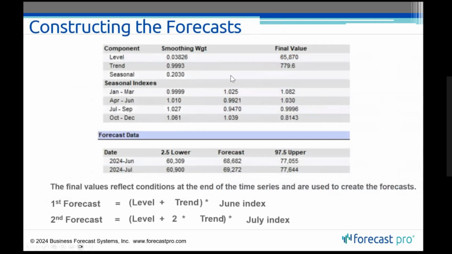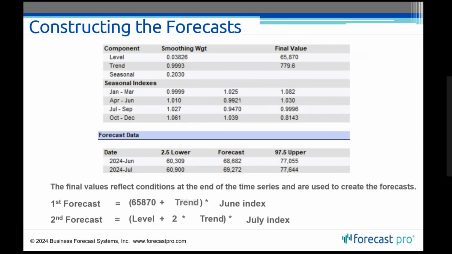Okay, moving on to the final values. I referred to these as the building blocks of the forecasts. So our first forecast will be for June, and it's going to start at the level. It's going to add a trend because we're going 1 month ahead. And because it's June, we will multiply by June's index. So our starting level is 65,870, so we can pop that in there.